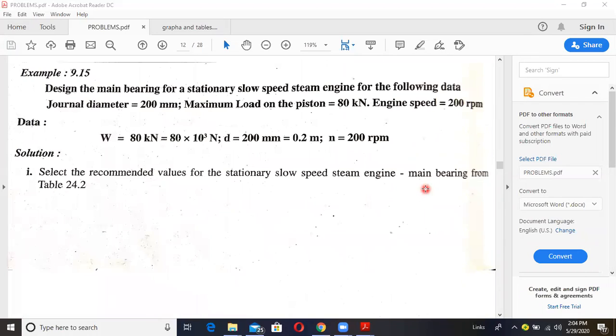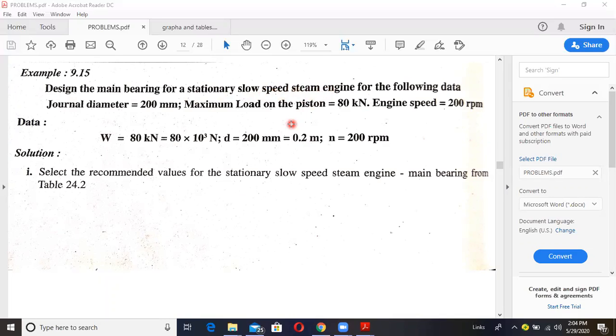Now we are going to refer to table number 24.2. By using this table, we are going to take some inputs based upon the application they have given. Here we are going to design the bearing for a low speed steam engine.